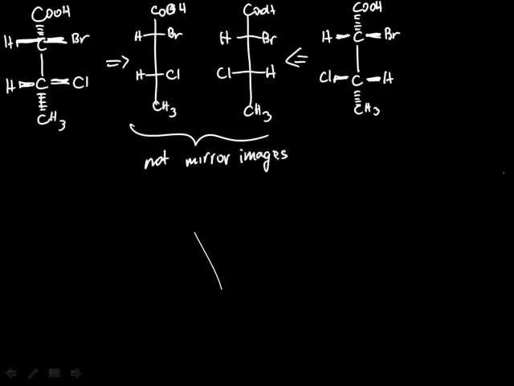Even though the orientations of individual substituents on both of the chiral carbons are different, they're still not mirror images of each other, and therefore such classes of compounds are called diastereomers.